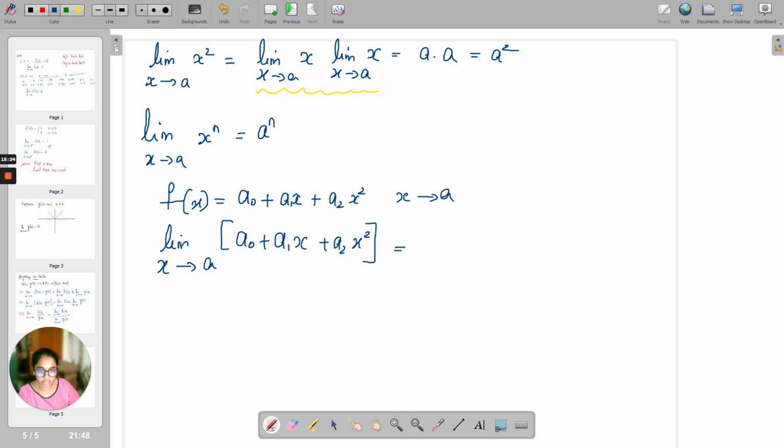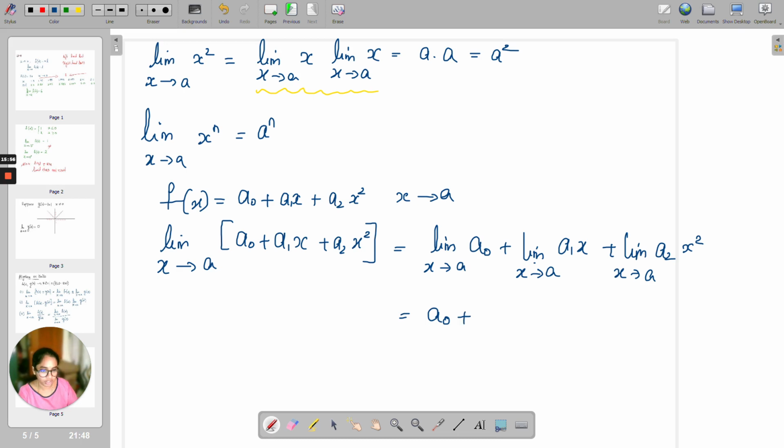Again, from the algebra on limits, can I write limit x tending to a, a naught plus limit x tending to a, a1x plus limit x tending to a, a2x square, right? So now, do you have x over here? No, so just write it as a naught itself.